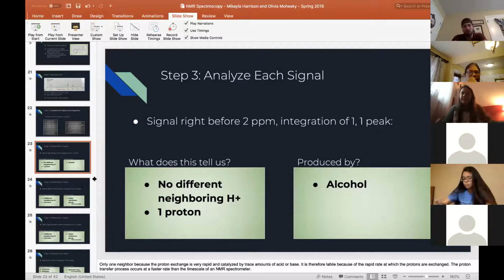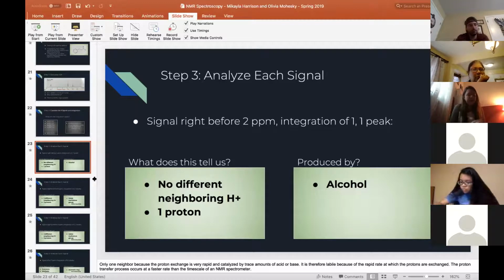What I usually do whenever I work these on the whiteboard is I'll show you what I do. So 2 ppm, singlet, and then 1H.